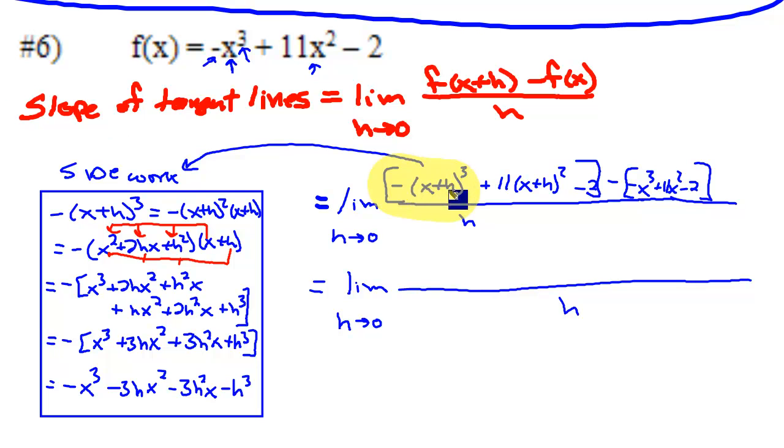So I can replace what you see here in yellow with what you're going to see here in yellow, which is negative x cubed minus 3hx squared minus 3h squared x minus h cubed. Yellow things are the same. More side work.